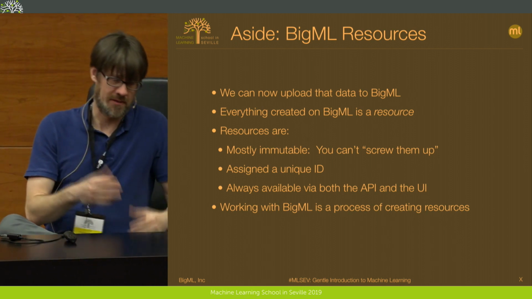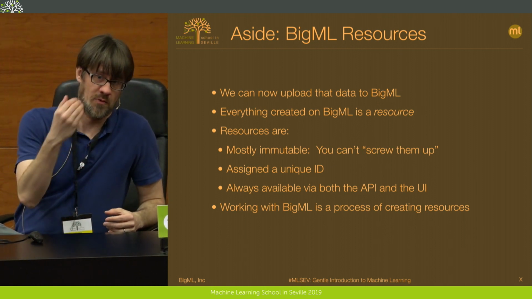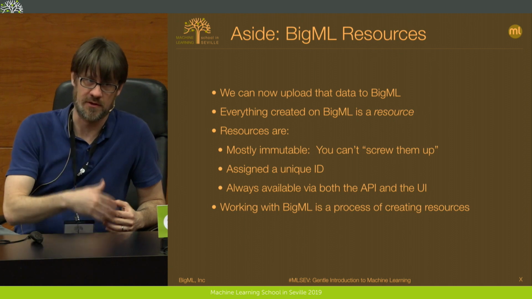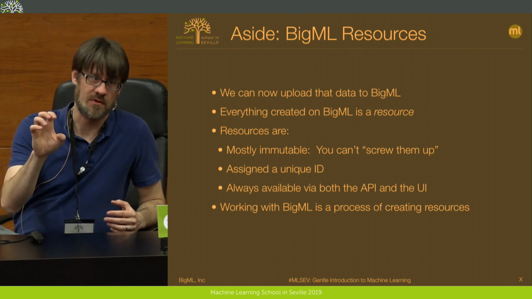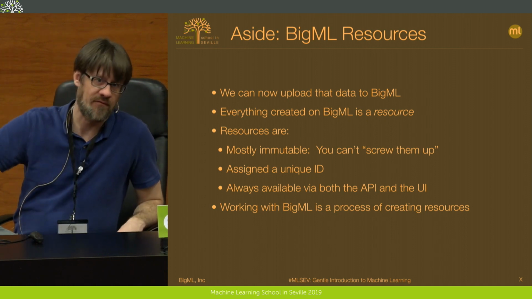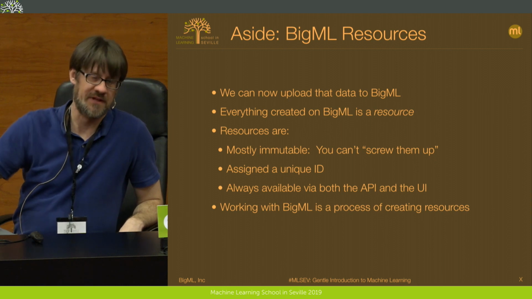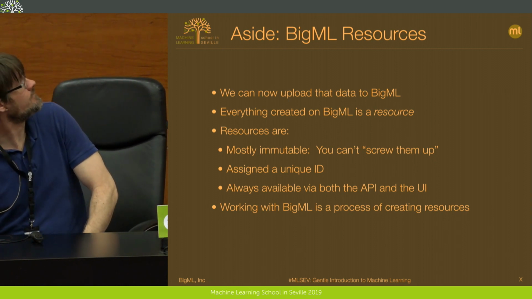So this is part of what we mean in BigML when we say that when you do analysis in BigML, it's traceable, it's repeatable. Part of that is that these resources can't be changed. So you do some analysis, the results of that analysis are there forever unless you explicitly delete them. You never lose anything in BigML.